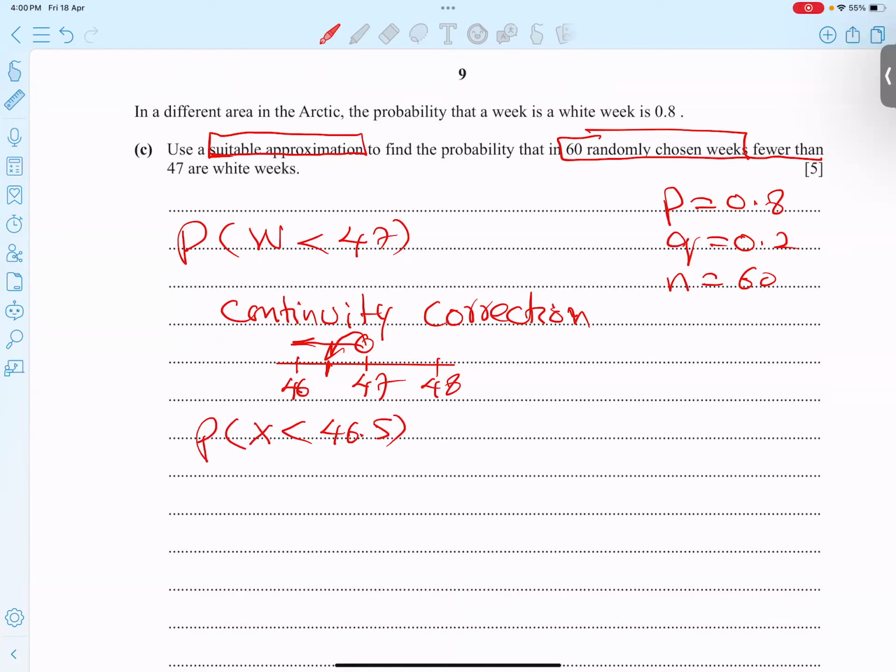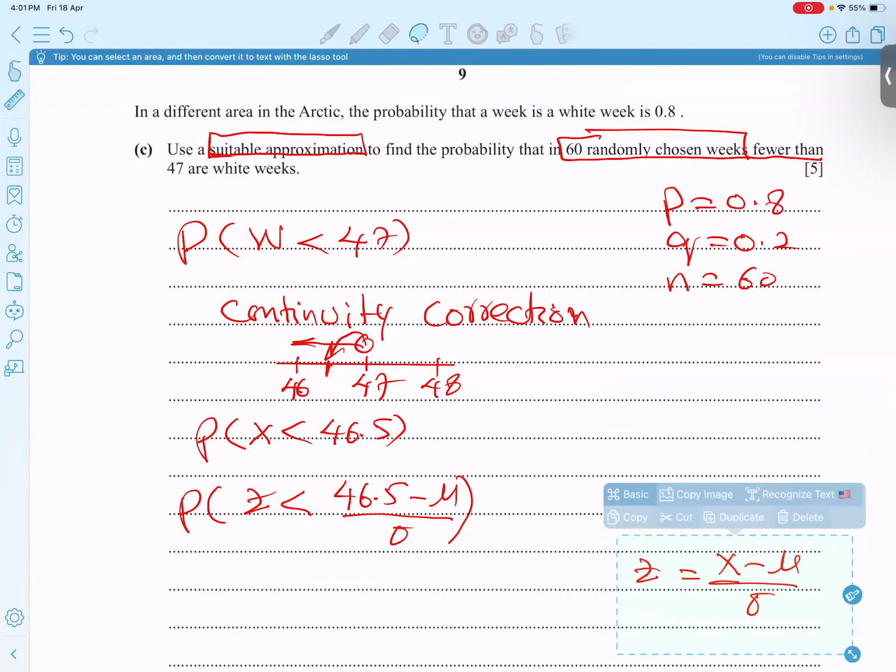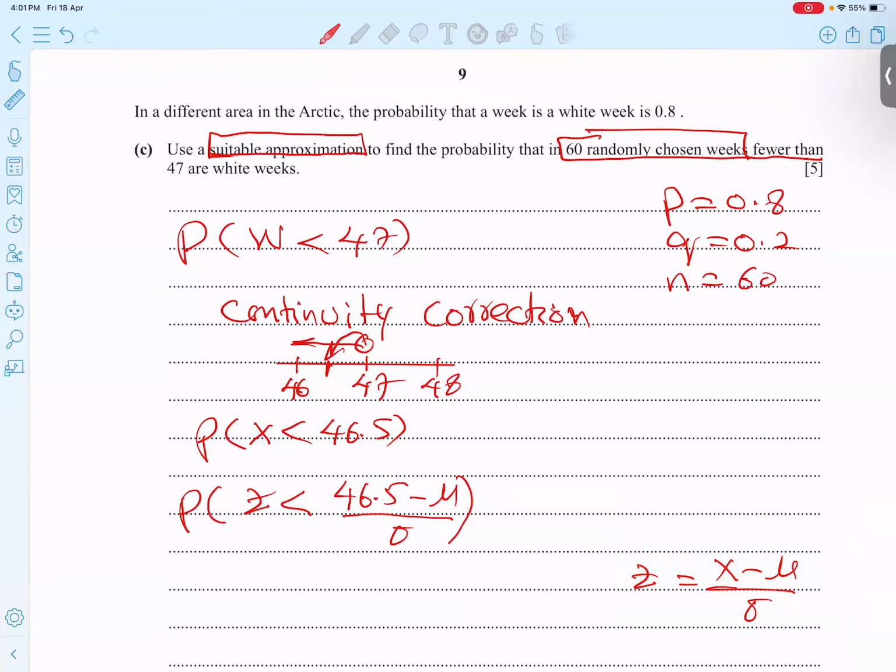But students, when we have an x value, how do we convert it into the normal format? X minus mean over deviation. To convert this x into z, I have to put in the values of mean and deviation. But do we have these values? Not at all. We will find them. The mean is equal to np, so 60 times 0.8, and I got 48.